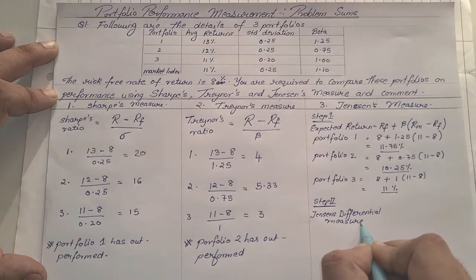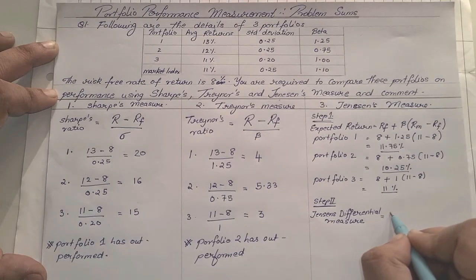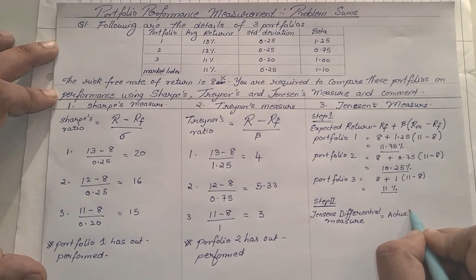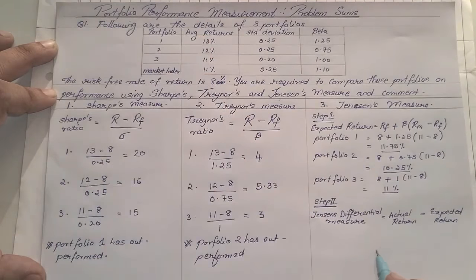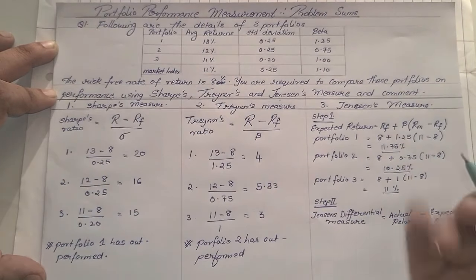It's called Jensen differential measure. The formula is actual return minus the expected return. Actual is the average return which is already given, and expected which you have already found.